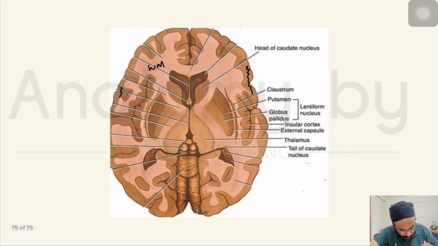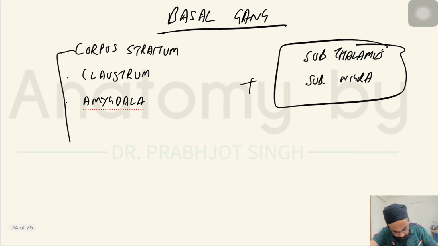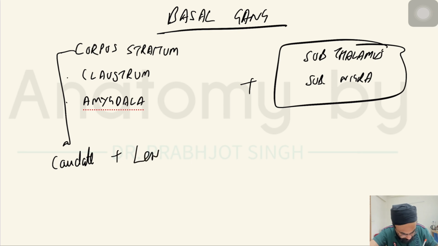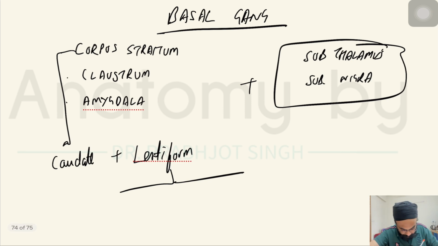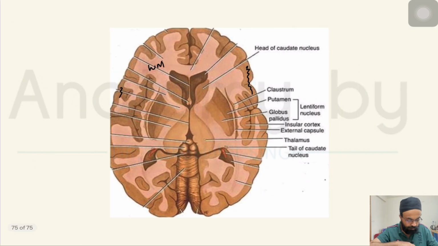So corpus striatum comprises of caudate plus lentiform. Lentiform further comprises of putamen and globus pallidus.